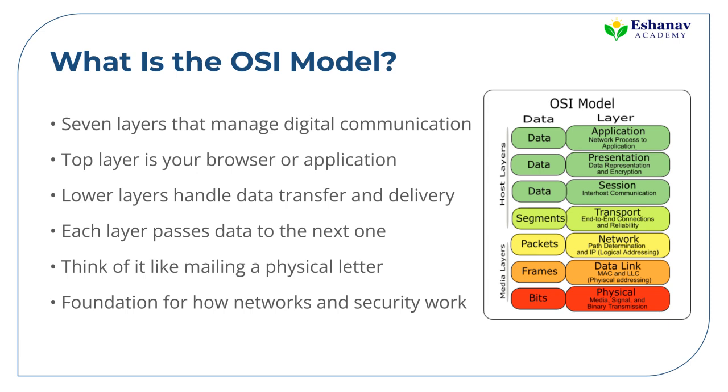The application layer is where tools like your browser or email live. Below that, layers handle things like formatting, managing sessions, breaking up the data, choosing the best route, and finally delivering through your local connection, like a mailboy inside your building. You don't need to memorize all the layers, but do picture them working together to get your data delivered cleanly and securely.